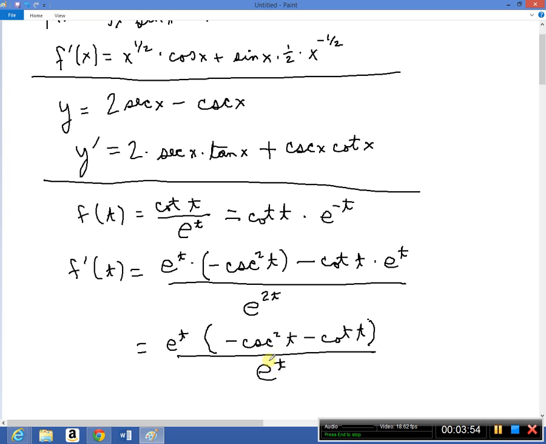One of those e to the t's is going to cancel with that e to the t. And so we're just going to be left with minus cosecant squared t minus cotangent t divided by e to the t, because e to the 2t is e to the t times e to the t.